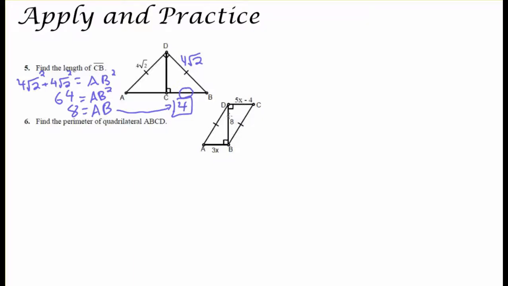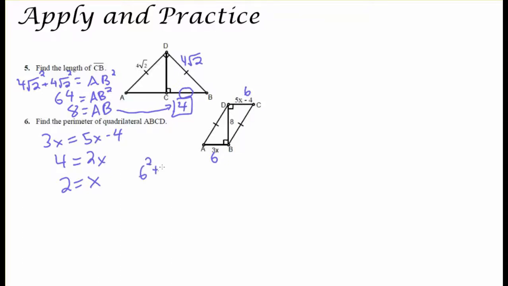Now if I'm trying to find the perimeter of the quadrilateral in this next problem, I'm reminded that because these sides are equal, I can set up that 3x should equal 5x minus 4. After using some algebraic properties, I get that 4 equals 2x and that x equals 2. So I go back to my problem and I plug in x, and I get that AB should equal 6. And without necessarily having to plug it in, I know DC should equal 6 also.